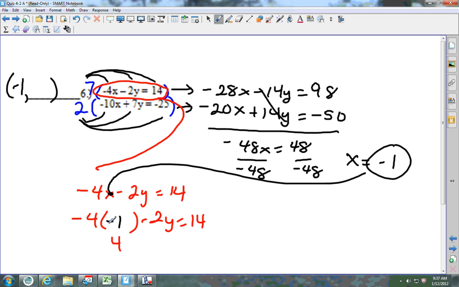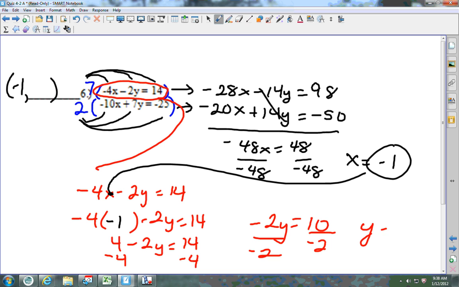Why is this positive 4? A negative times a negative is a positive. So 4 minus 2y equals 14. Subtract 4 from each side. Negative 2y, don't forget that negative, equals 10. Divide by negative 2. Y equals negative 5. There's my solution to the system.